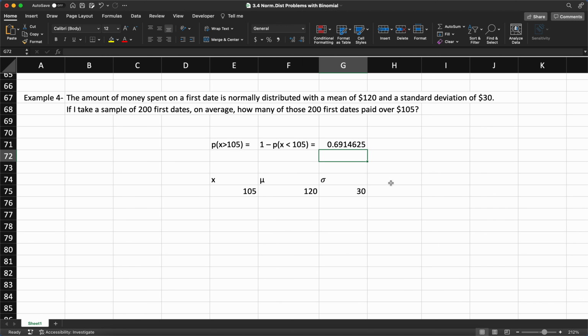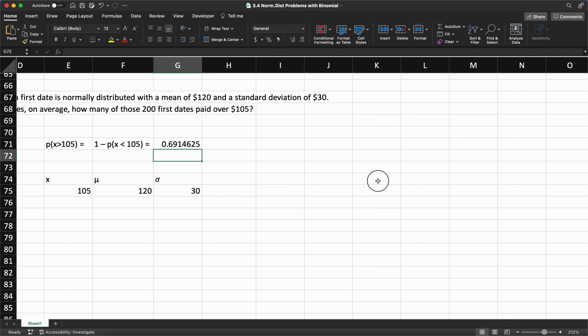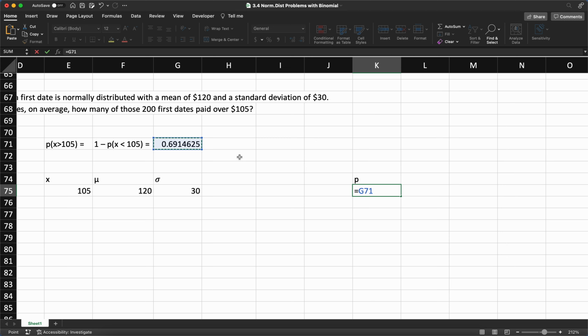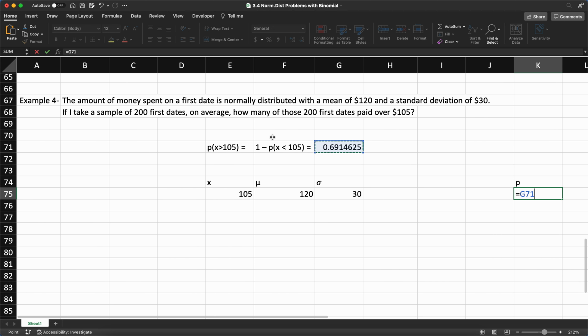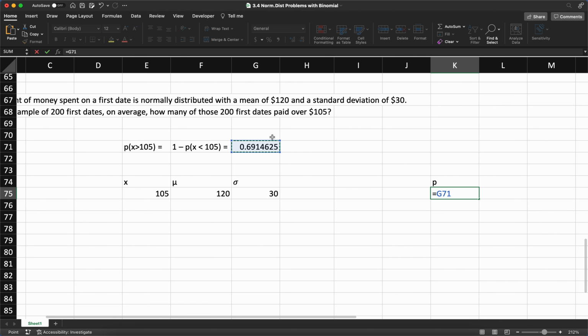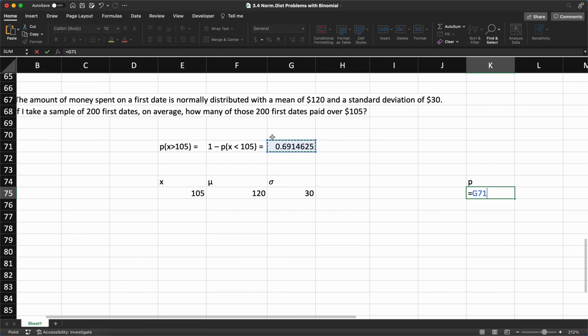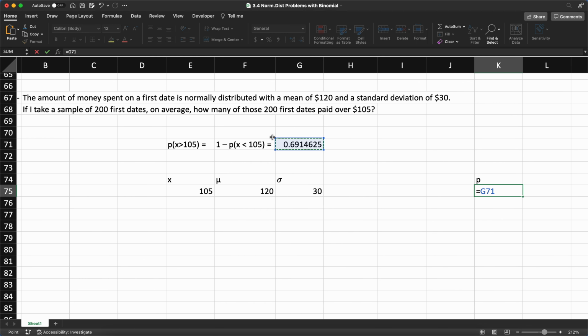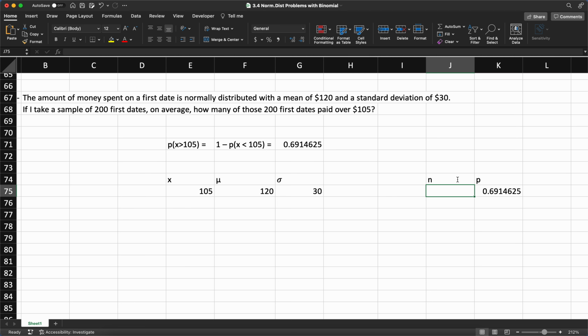So this right here is the p in the next part of this problem. So the probability of success, which in this case, is that somebody paid over $105. So we want to know how many people out of 200 would pay over $105. And so we have our P, we have our N is 200, and we know that mu is equal to NP.